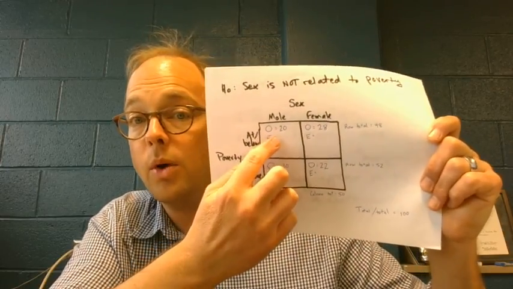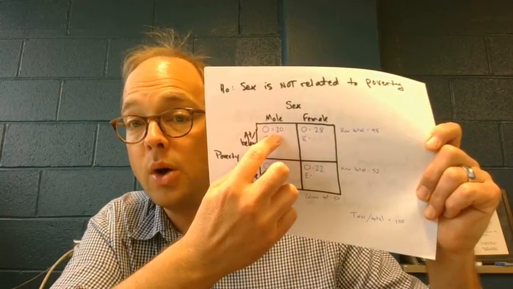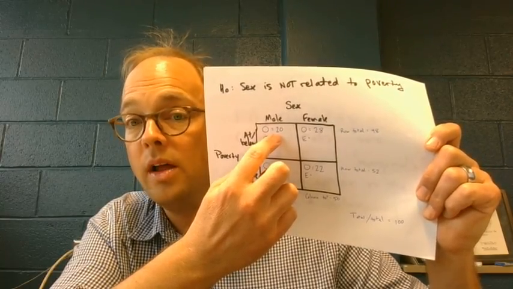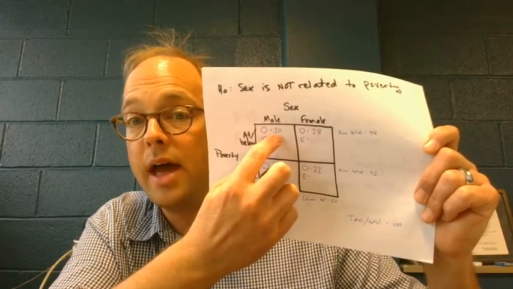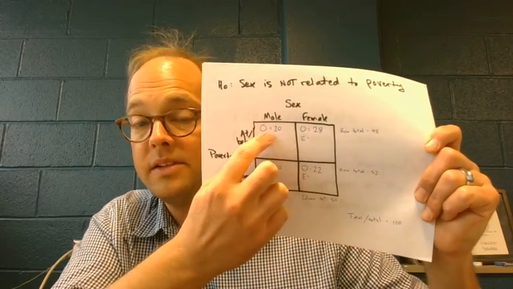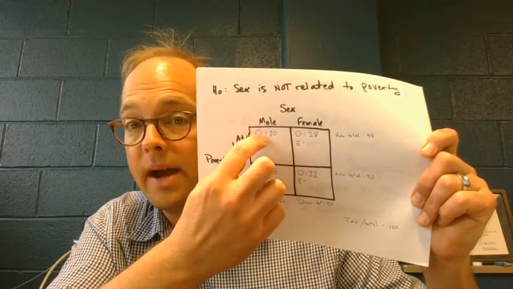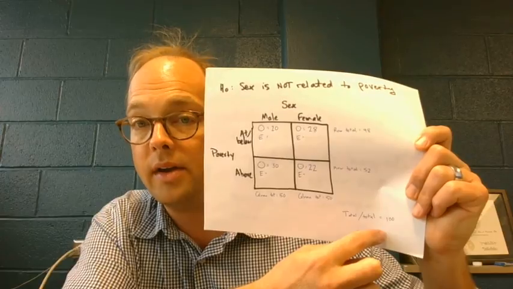Row total times column total divided by total. Do that for each cell.